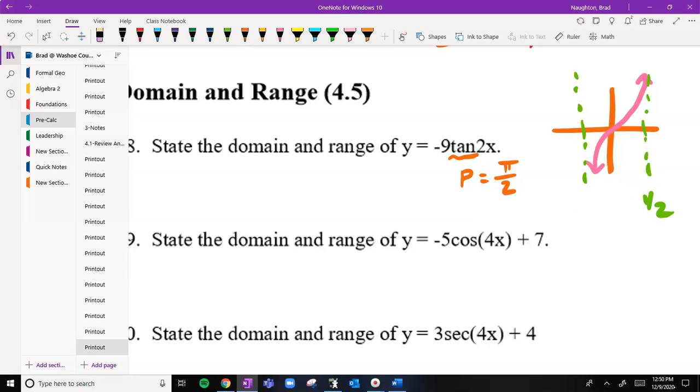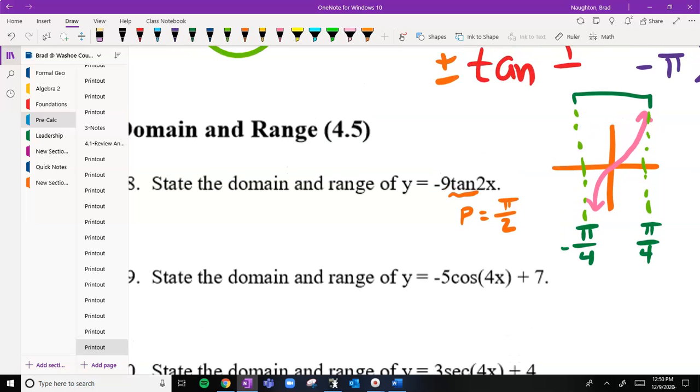Okay. But because we have a different period, okay, our period is pi over 2, I'm going to shrink that down, okay? So basically, I know that this is pi over 4 that's negative and pi over 4 that's positive, because my whole graph that's going to happen here is going to have to happen between that pi over 2, okay?